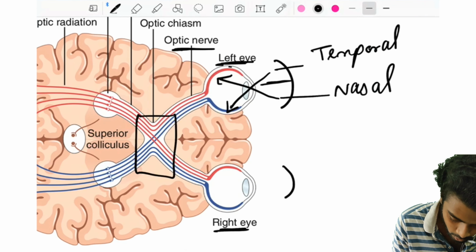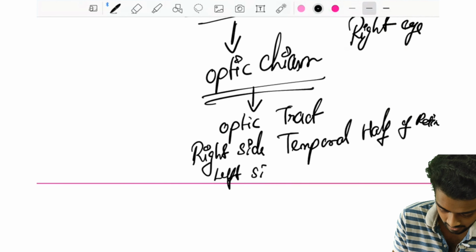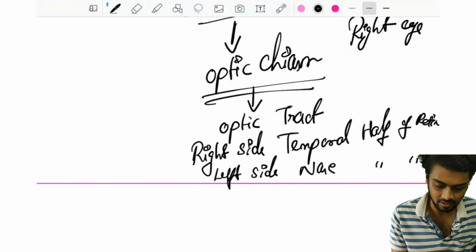In the case of the right eye, in the optic tract, we have the right side temporal half of retina and the left side nasal half of retina. Simple, right? Very simple. Okay, now let's see.